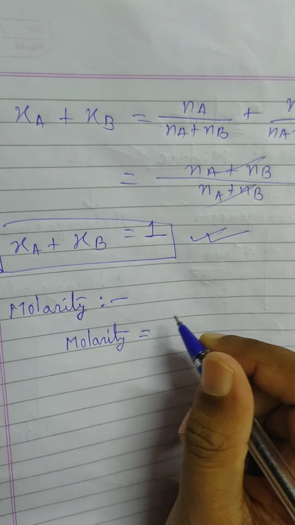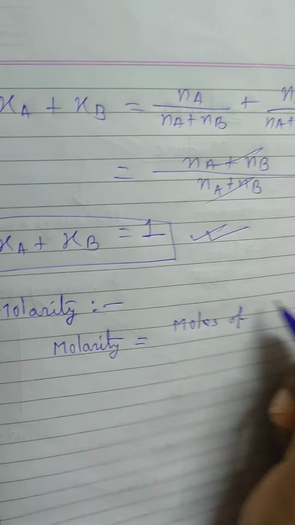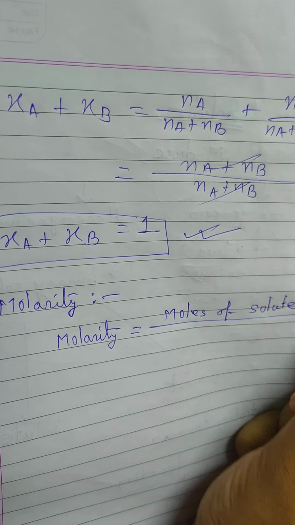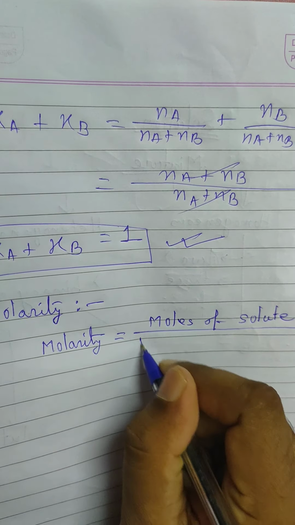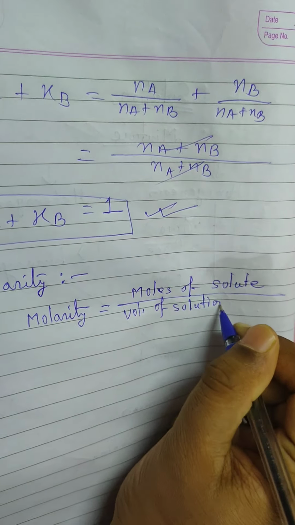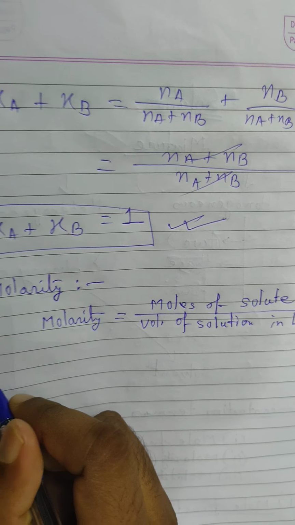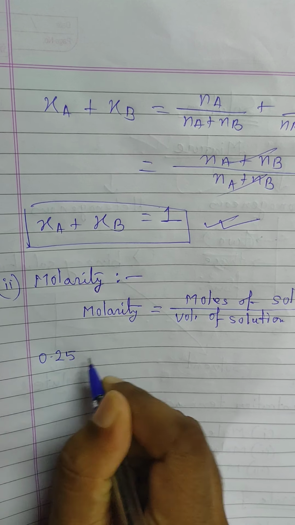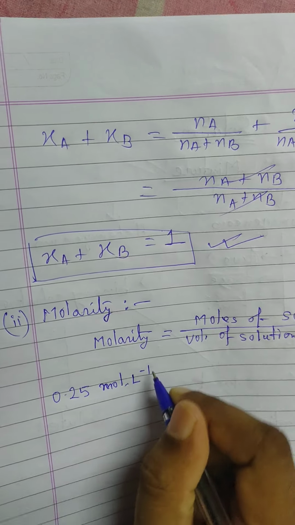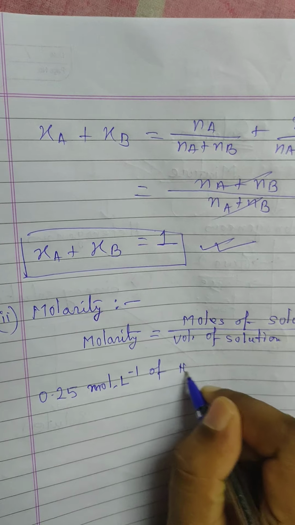Molarity will be equal to moles of solute divided by volume of solution in liter. Suppose 0.25 mole per liter of NaOH solution.